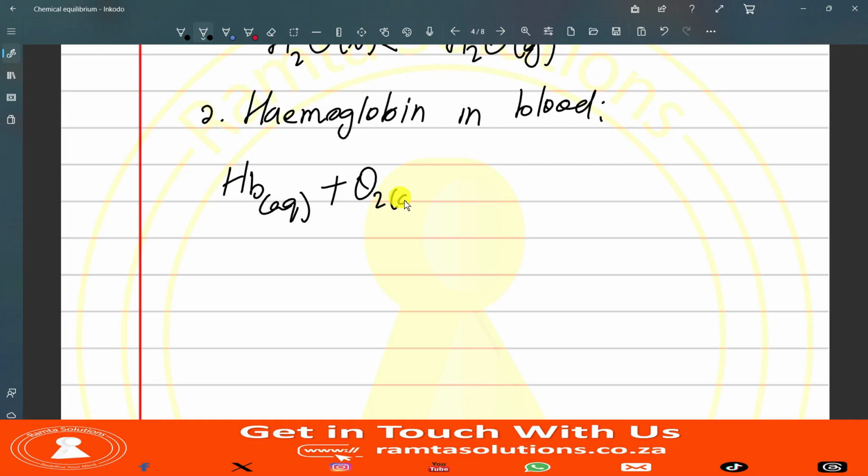Still, because it's in blood, let's say oxygen aqueous, reversible reaction, oxyhemoglobin, again aqueous. Do you guys see this?